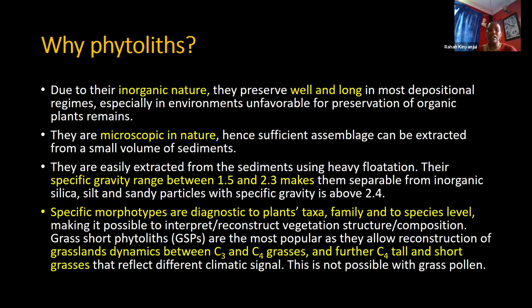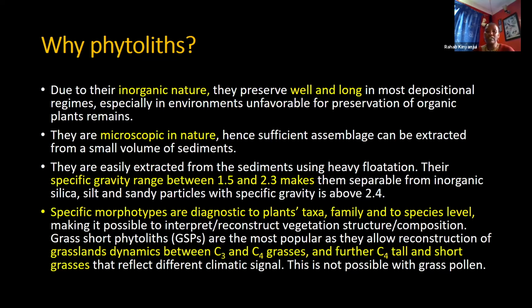They have a specific gravity between 1.5 and 2.3, which makes it favorable to separate them from the sandy particles. Specific morphotypes are diagnostic to plant taxa, from family to species, and this gives more advantage to the grasses. As we know, in the global vegetation cover we have a higher proportion of grasslands.